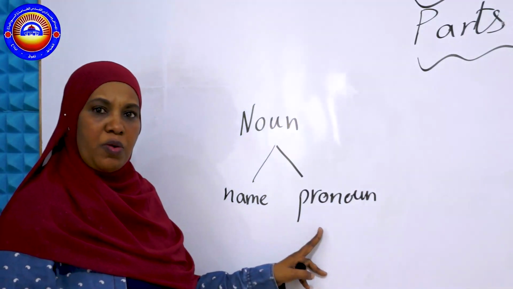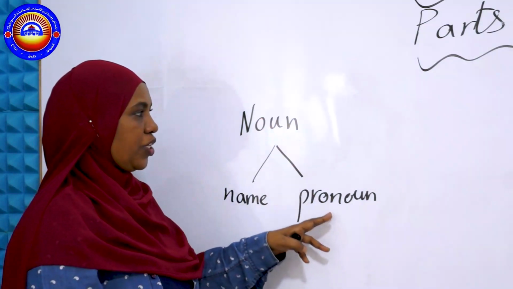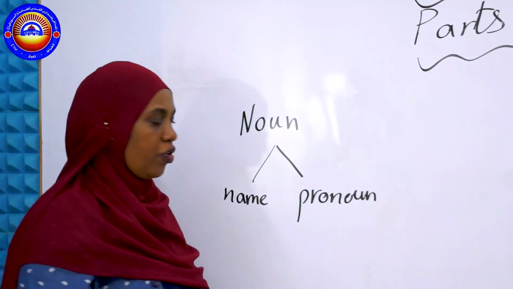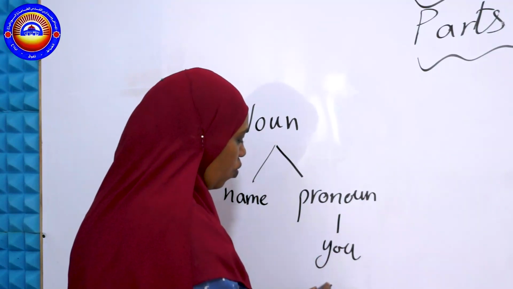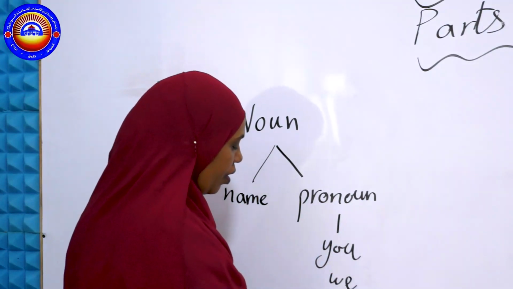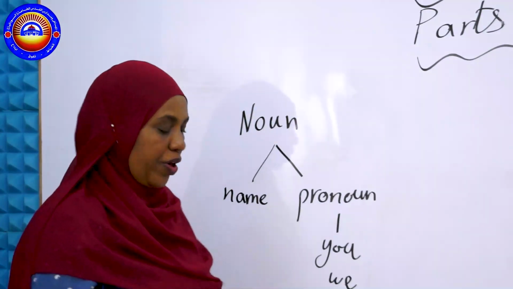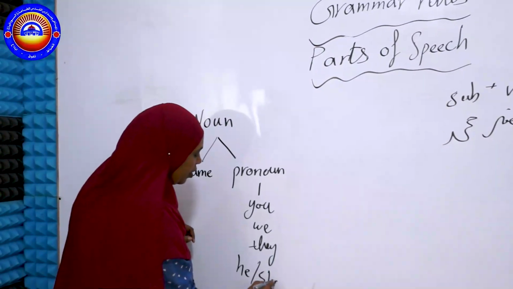So what is the pronoun? The pronouns in English which can come at the beginning of the sentence are 7 types of pronouns. They are I, you, we, they, and then we have the group together, which is he, she, it.